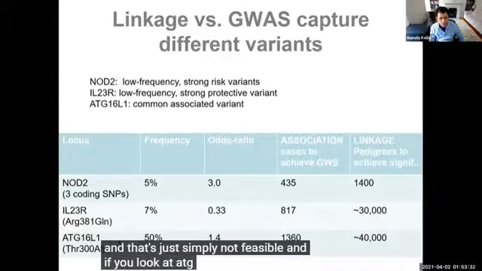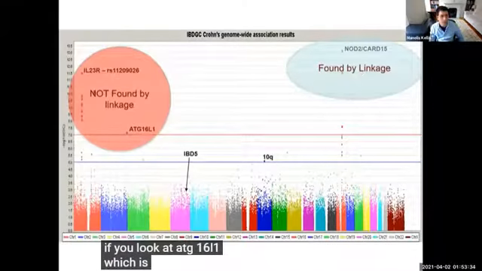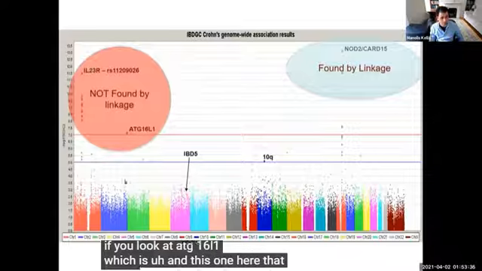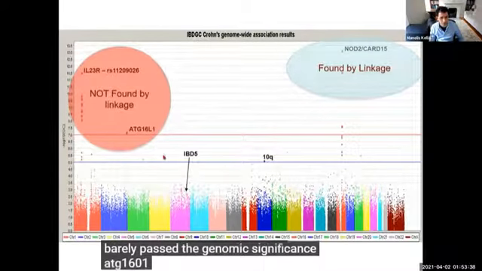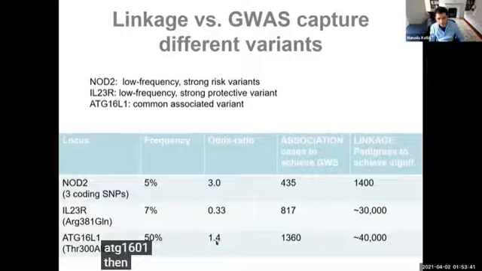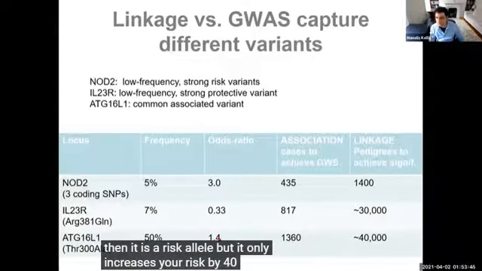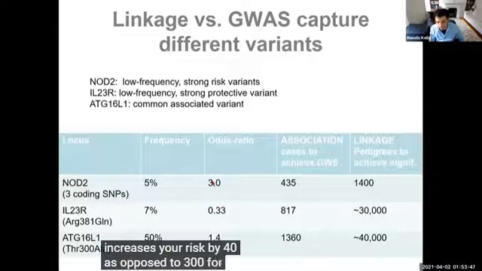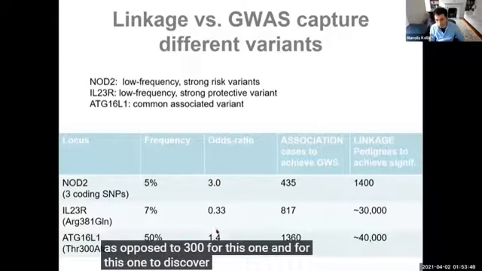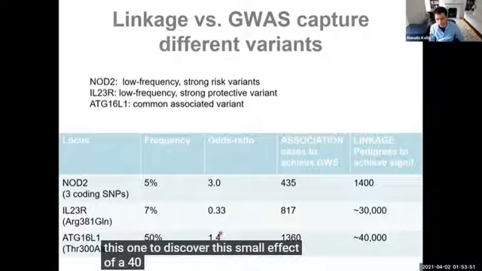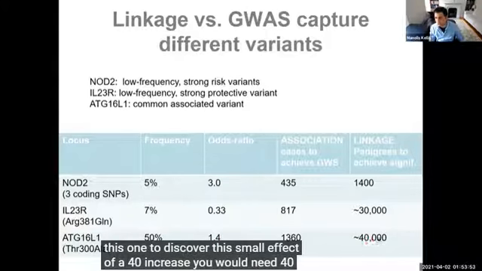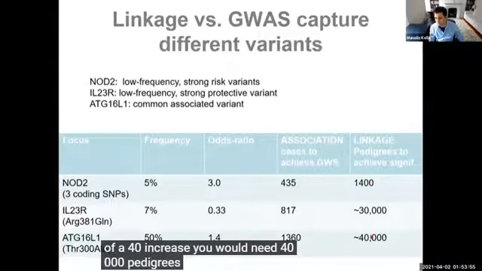And if you look at ATG16L1, this one here that barely passed genome-wide significance, it is a risk allele, but it only increases your risk by 40%, as opposed to 300% for this one. And for this one, to discover the small effect of a 40% increase, you would need 40,000 pedigrees, okay?